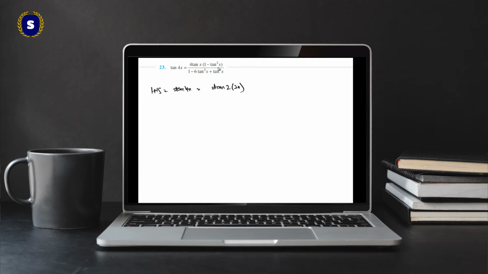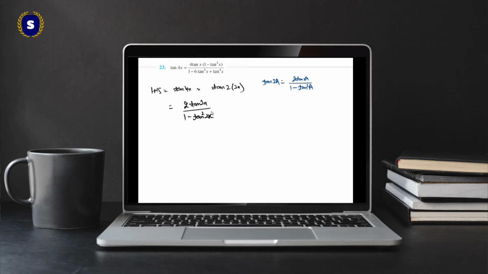So using the identity tan 2a is equal to 2 tan a upon 1 minus tan square a, we will get 2 tan 2x upon 1 minus tan square 2x.